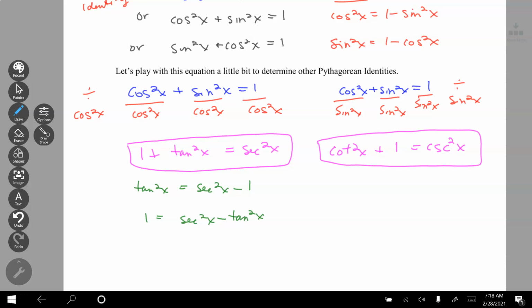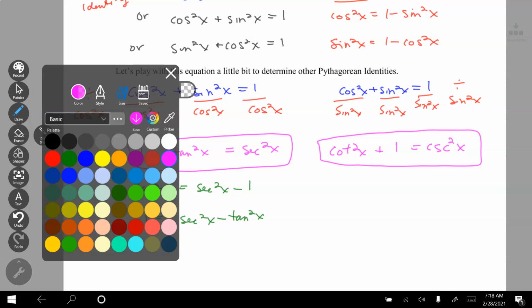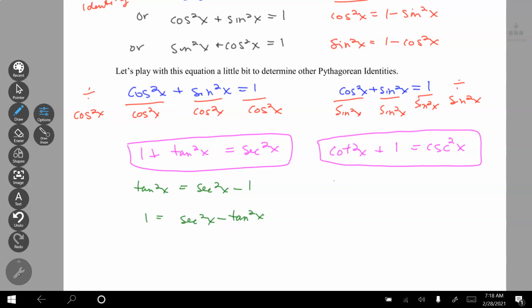And there's another identity. Again, I could rewrite this and say cotangent squared of x is equal to cosecant squared of x minus 1, or 1 equals cosecant squared of x minus cotangent squared of x.